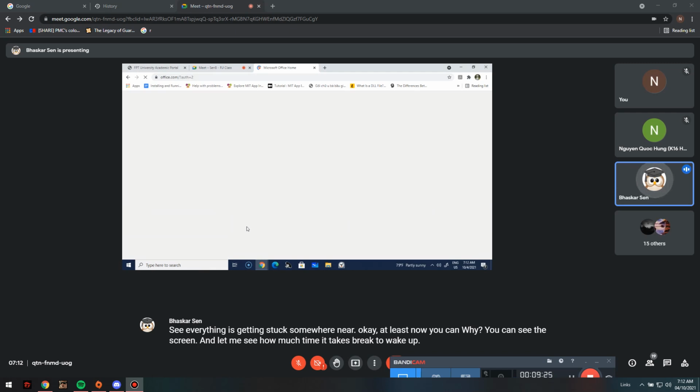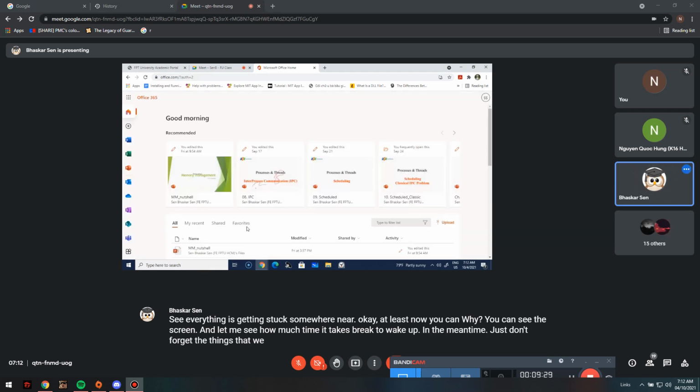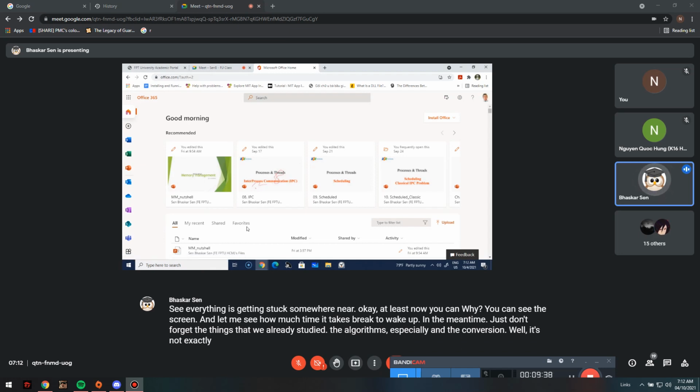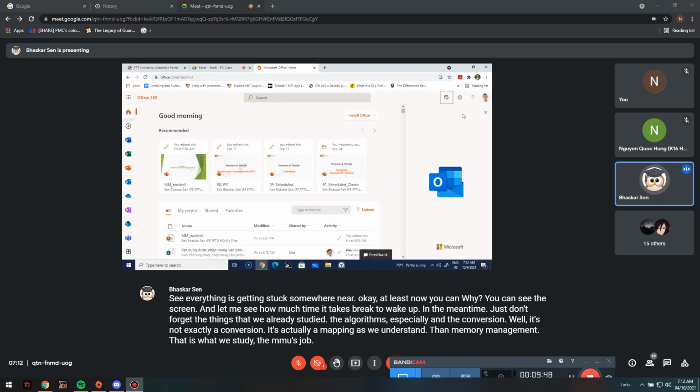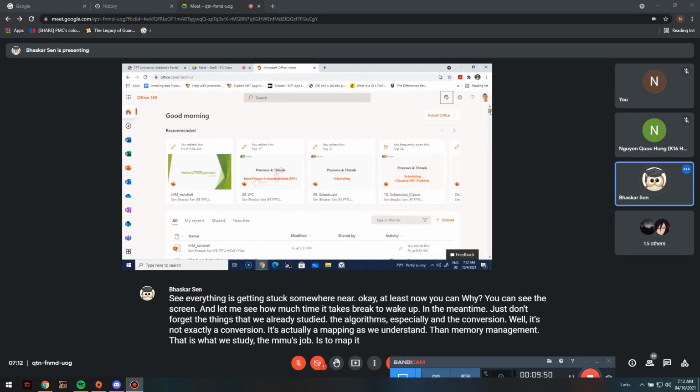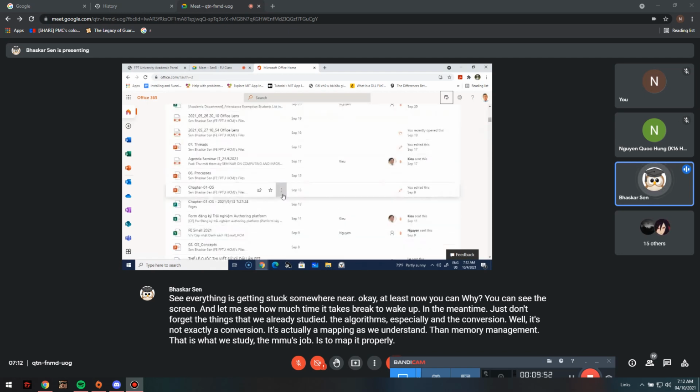In the meantime, just don't forget the things that we already studied, the algorithms especially, and the conversion. Well, it's not exactly a conversion, it's actually a mapping, as we understand. Then memory management, that is what we study. The MMU's job is to map it properly, and that's what it does.